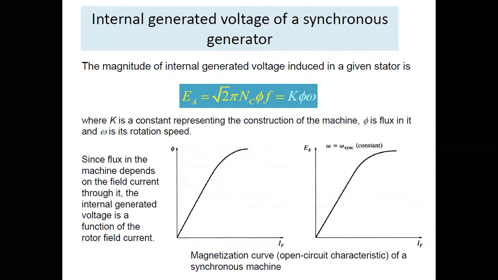Since the flux of the machine depends on the field current, the internal generated voltage is a function of the rotor field current. This is a very important point. If we increase the excitation, the induced EMF in the armature circuit increases. If we reduce the field current, that is the excitation, the magnitude of the voltage generated by the generator, which is the armature voltage, will reduce.